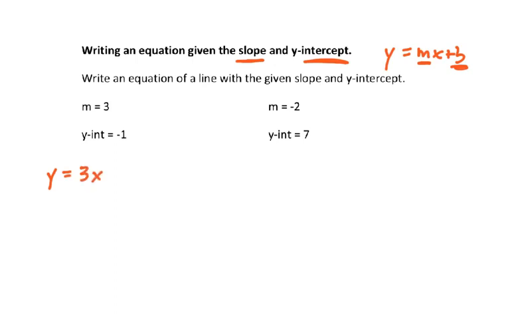Instead of plus b, we're going to put -1. I would write plus -1, but we know that plus minus is negative. And we're going to do the same thing again. The negatives have flipped on us, but it doesn't matter. y equals mx plus b. The m is -2. b is 7, so plus 7. And that's it. Those two problems are already done.